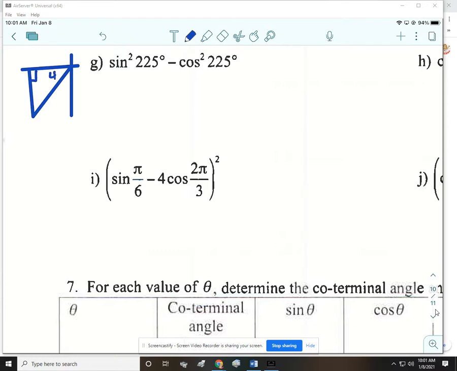So our reference angle ends up being 45. So you guys go ahead and write down what you think the sine and cosine of 225 degrees is.